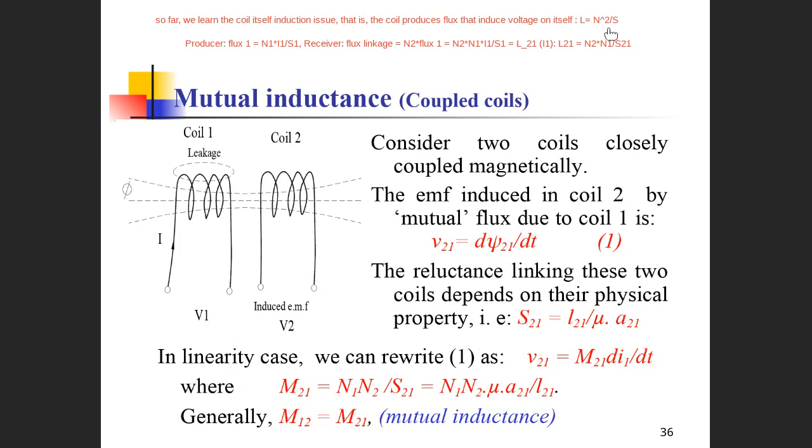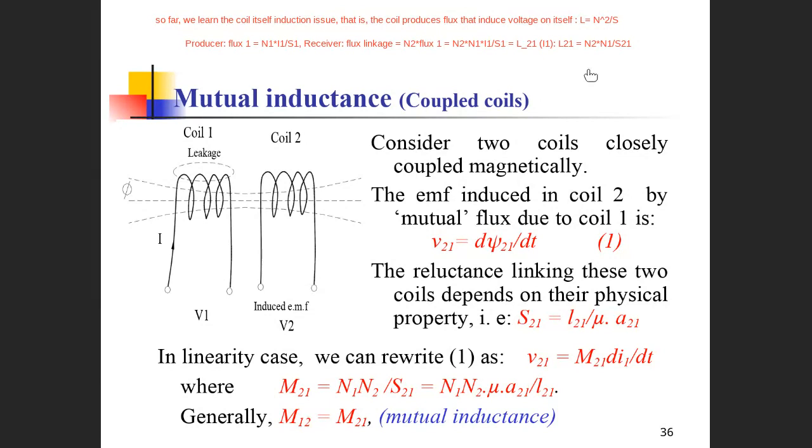So the above one is the self-inductance, which has the term N squared over the reluctance of the coil itself. So receiver N, producer N, N squared. Now in this case, two coils together, the producer is coil 1, that is N1. The receiver is coil 2, that is N2.